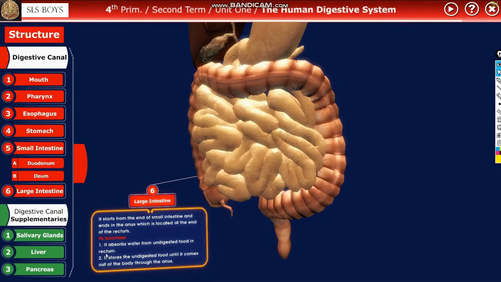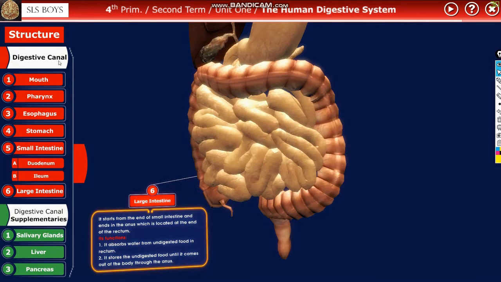So the function of the rectum is to absorb the water from the food remains. And it stores the undigested food until it comes out of the body through the anus. So it basically stores the wastes, which are the food remains, then ejects them outside the body through the anus. So the anus and the rectum are the most important parts of the large intestine.